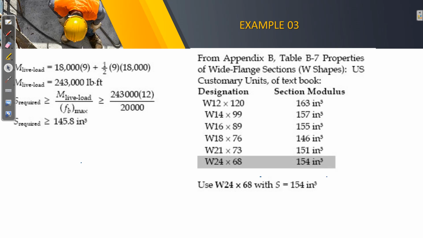So we're going to choose the lightest, and at the same time it is greater than this 145, and the lightest is this one, W24 by 68. So S is greater than 154, is greater than 145.8.